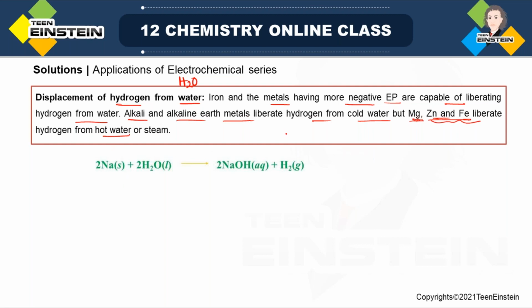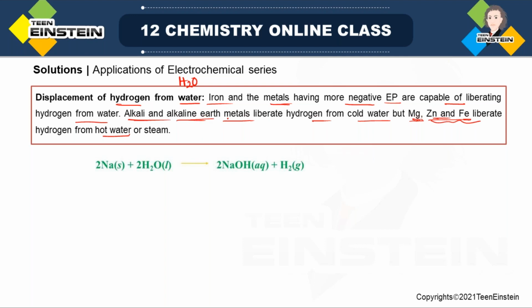Now see what is the difference. These alkali and alkaline earth metals all have negative EP because they are very active metals. That means their reducing power is very high. But the reactivity may vary.